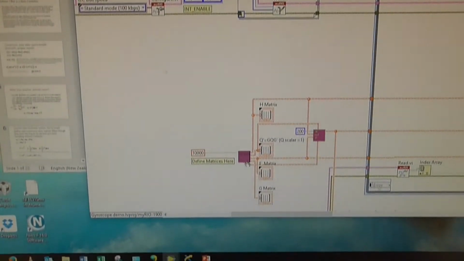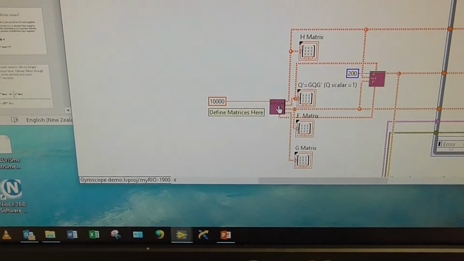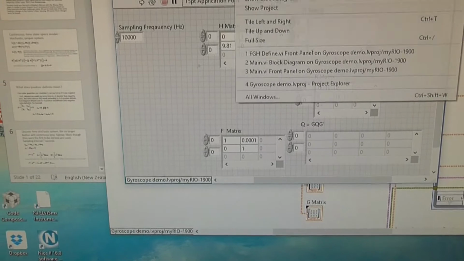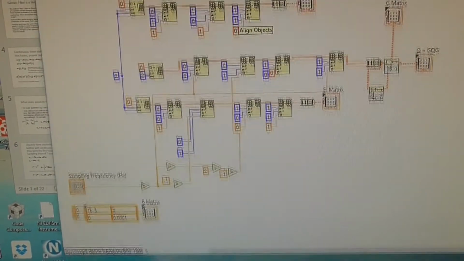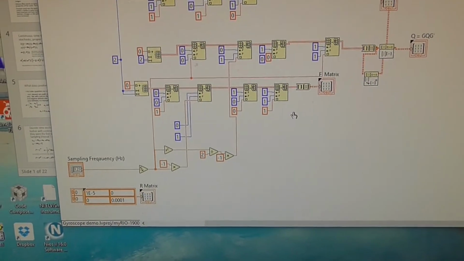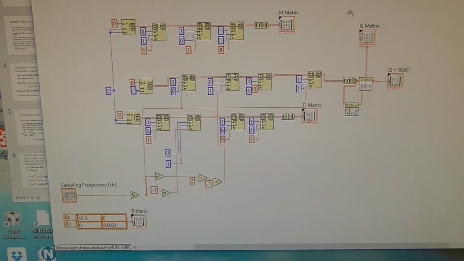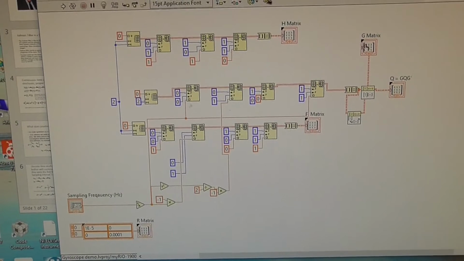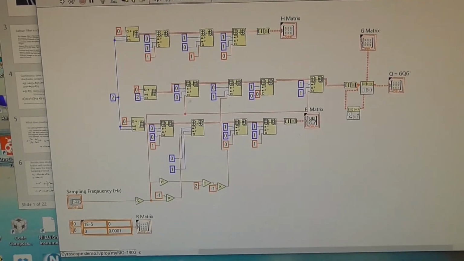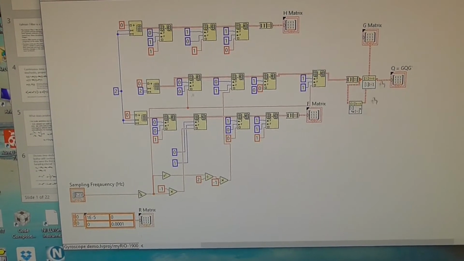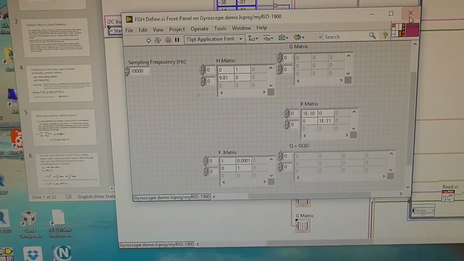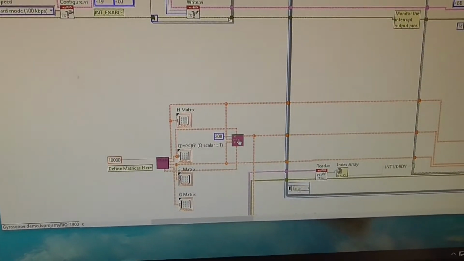But here is where I define my matrices in this little block here. I'm using the matrix command in VIs, if you like, in MATLAB. So I'm defining my H matrix, my G matrix, and my F matrix, and my Q and an R. Once I've done that, I need to solve the Riccati equation.